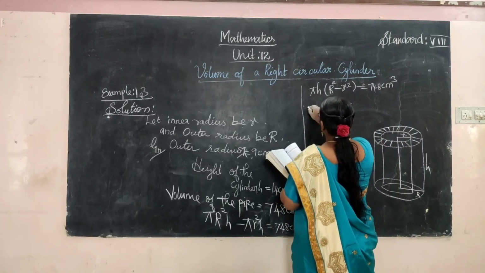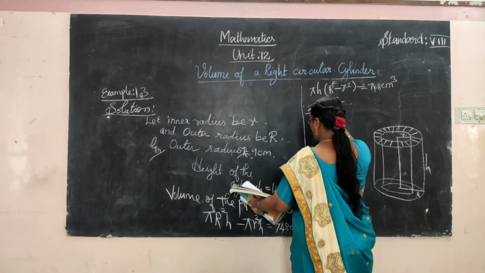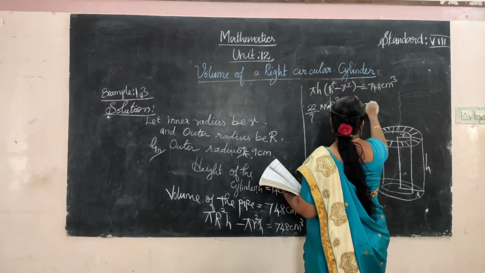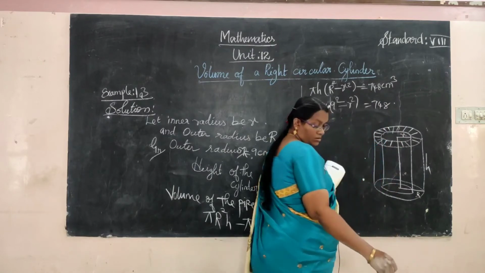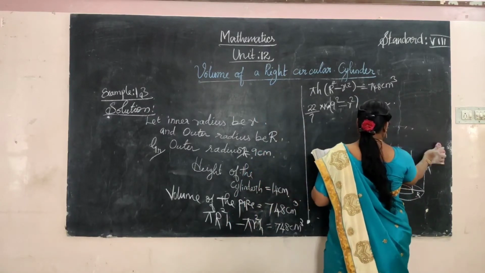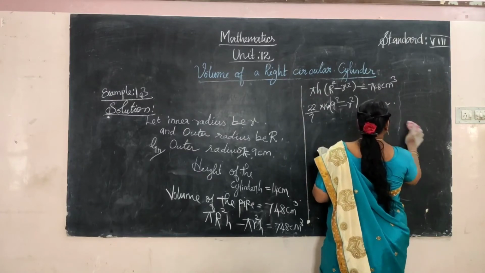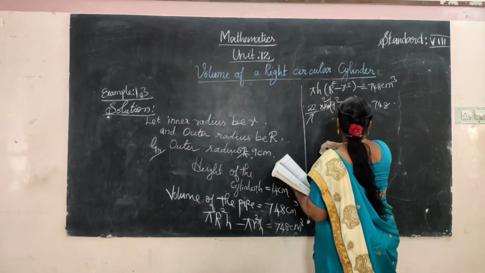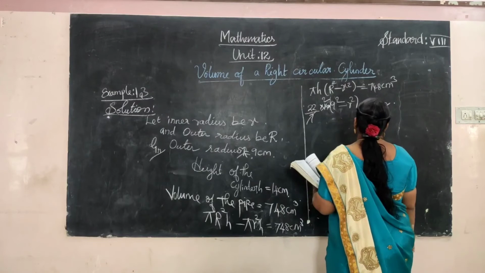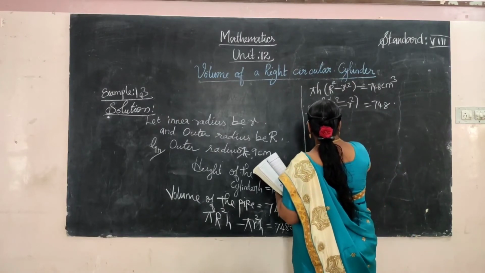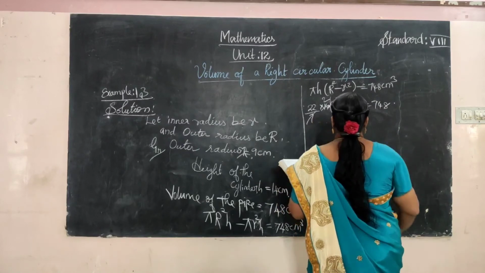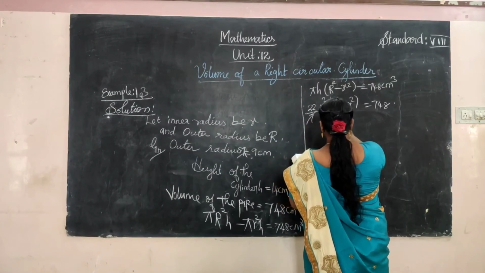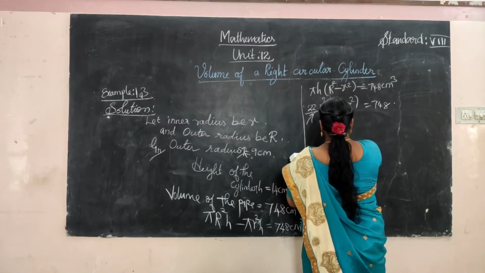So here 9 squared, pi value is 22/7, h value is 14, minus r squared is equal to 748. It will cancel in the 7 table: 2 times 7 is 14, and then the 44.